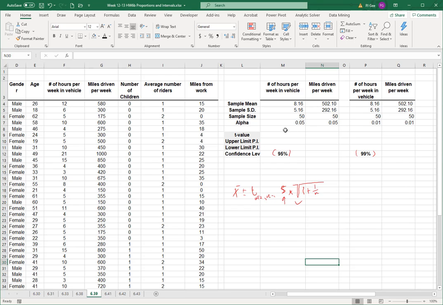Okay, so let's do the T alpha, right? So T alpha, we have to remember, it's T of alpha over 2 with n minus 1. So we're going to do equals, what was this before?